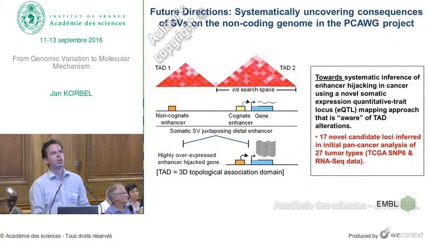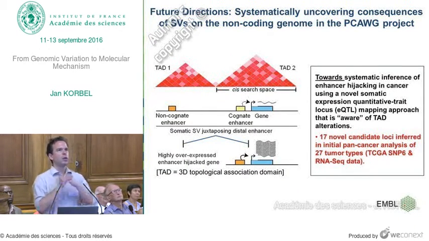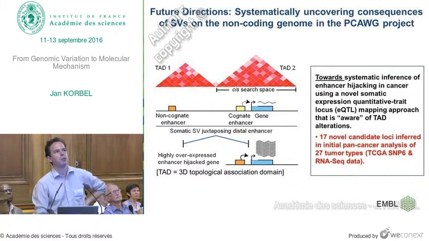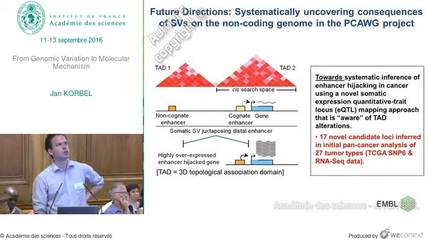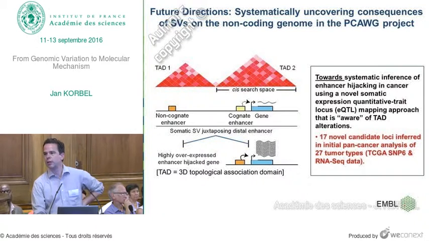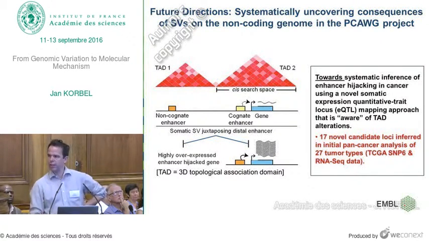And for our research, we hence used the structure of topologically associating domains, and we asked the question whether structural variations in a cancer genome, here exemplified by this line, are often altering the structure of these topologically associating domains, which would allow enhancers that are normally not interacting with the gene of interest, here termed the non-cognate enhancer, to become a new cognate enhancer that can lead to an expression pattern that might lead to tumorigenesis. Essentially leading to expression in a tissue where this expression would normally not happen.